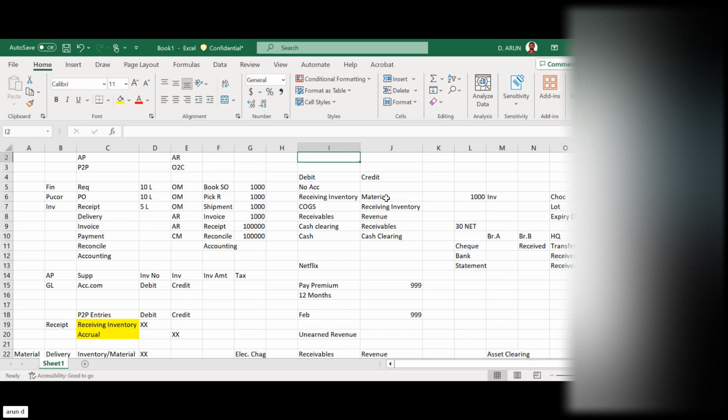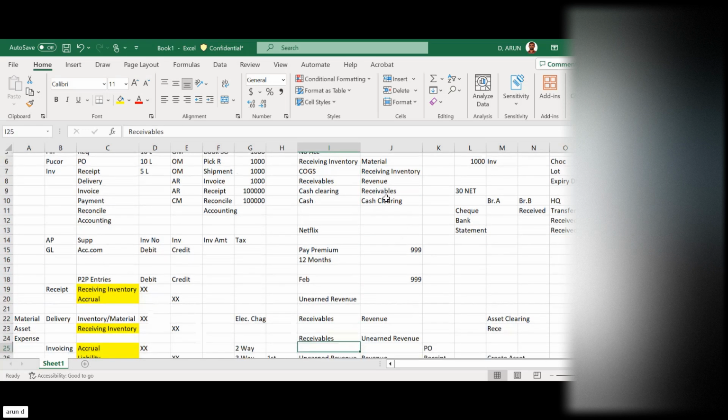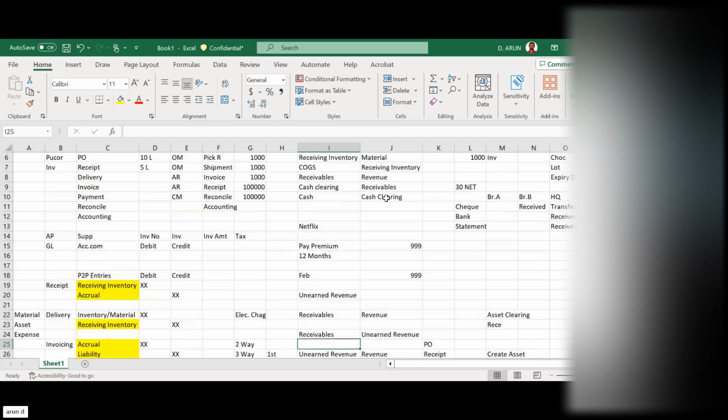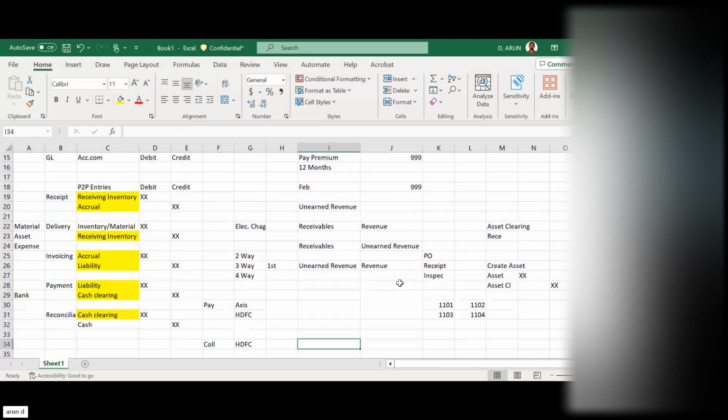Okay, fine. So this is the flow of entries for O2C. Now there are multiple ways that I can record my cash or receipt transaction. When we are recording the receipt transaction, I could directly receive it, which is the above scenario that we talked about. But it is not always that straightforward.